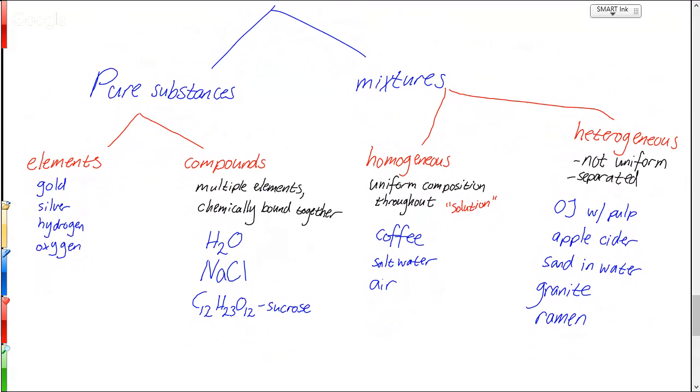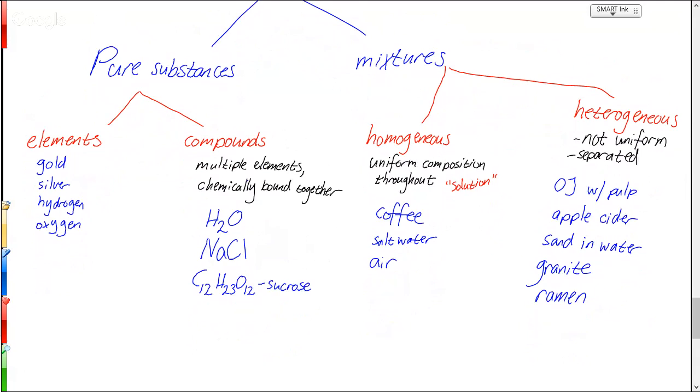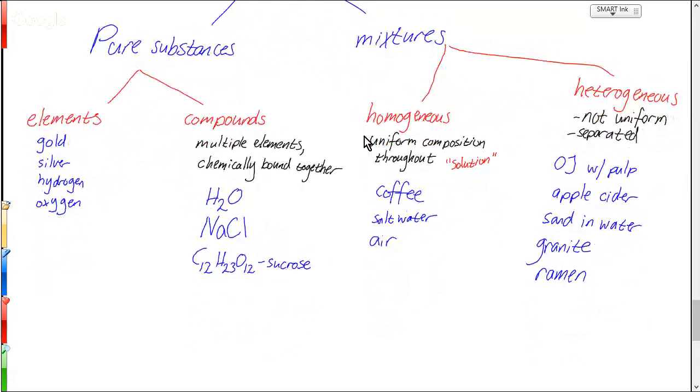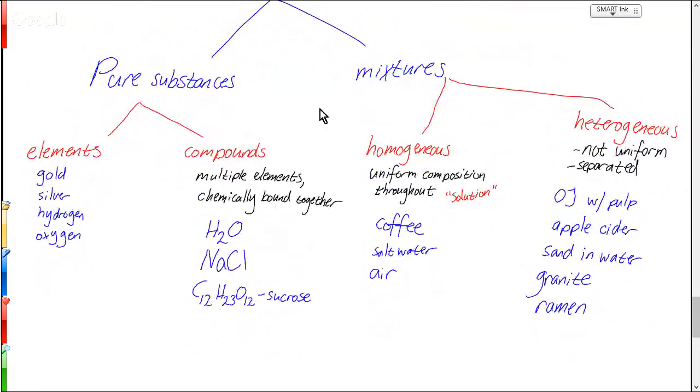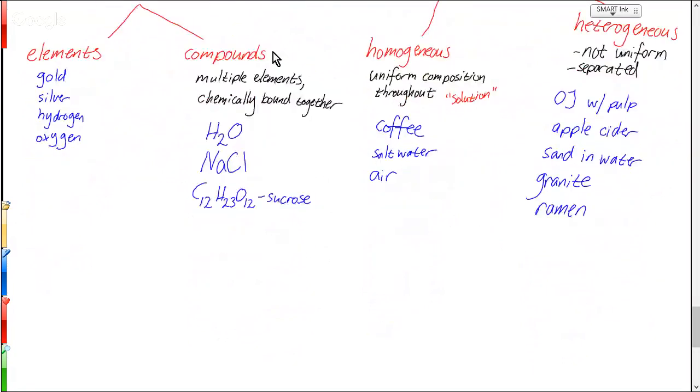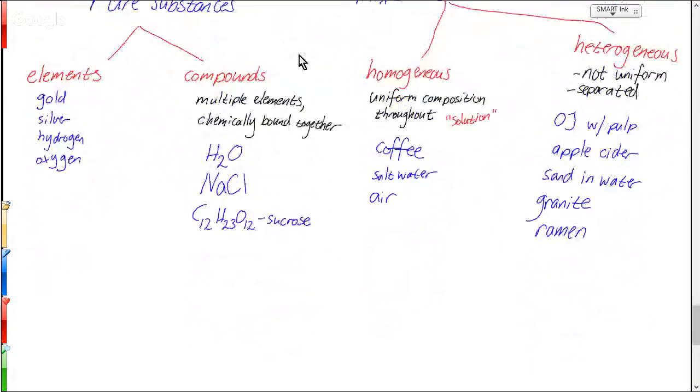So one of the things we want to talk about is how you separate these things out, both how you know which one's which, and how you actually physically separate the components, because that can be another way of determining that.